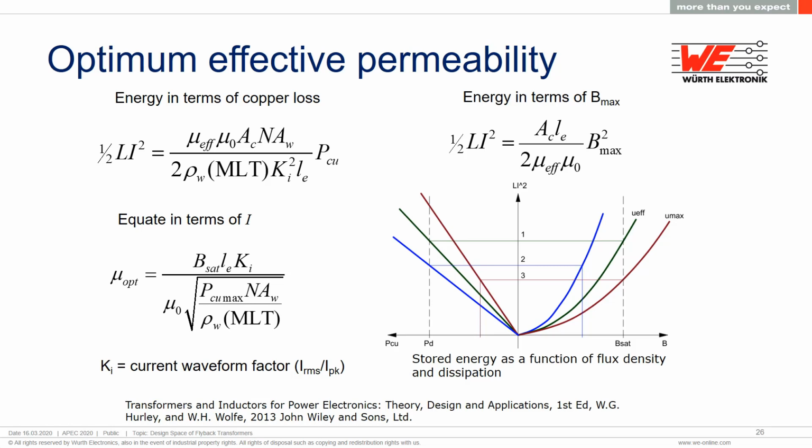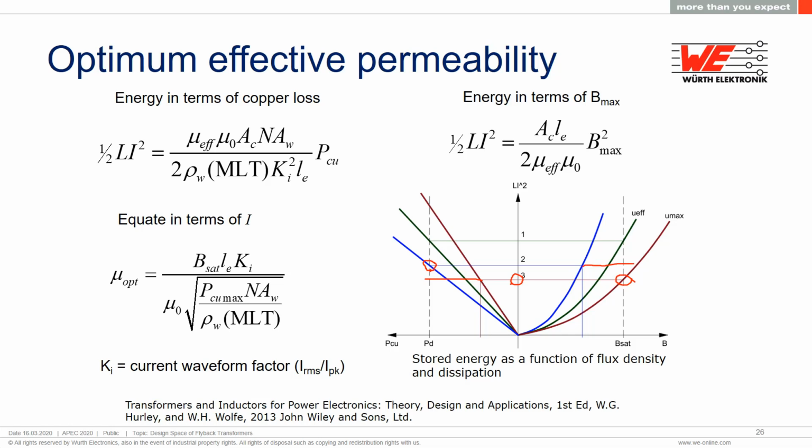You can think of the colored lines as fixed, but they can rotate together about the origin. If you look at the chart at the brown line, you can see that it's touching the BSAT, so you're using the maximum amount of flux available, but you're not using the maximum amount of power dissipation, so this has low energy. On the blue line, you can see that you're using the maximum amount of power dissipation, but you're not using the full amount of flux density.